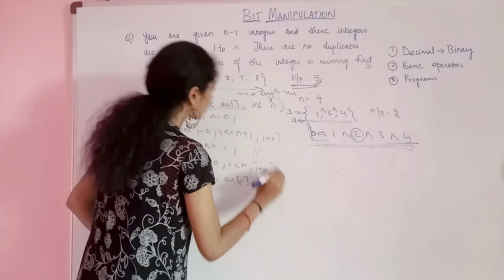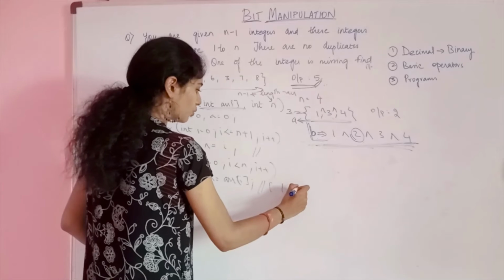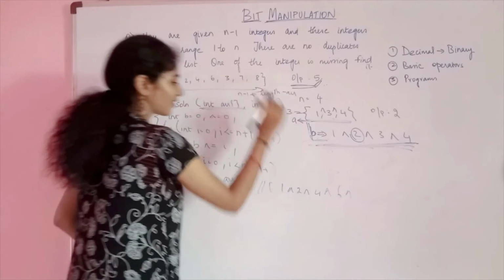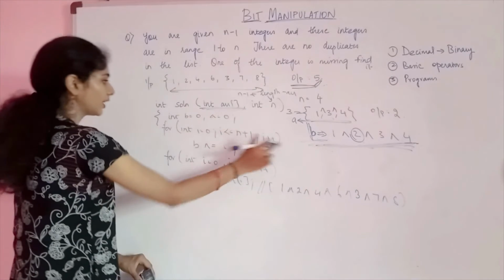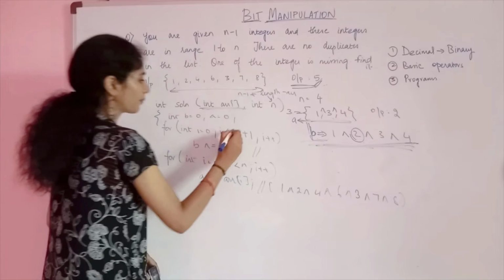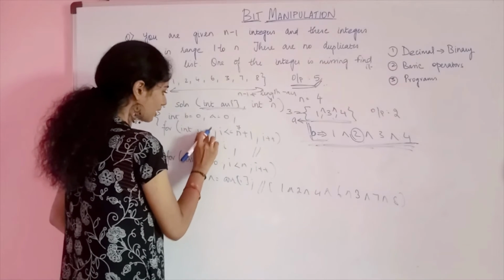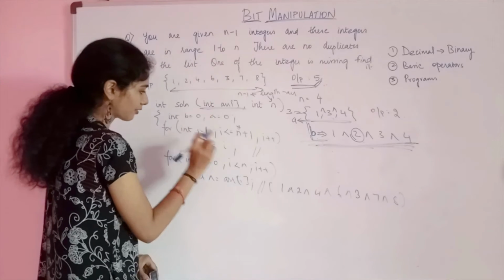So what do you get here? According to this instance, you will get 1 XOR 2 XOR 4 XOR 6 XOR 3, 7, 8. But for B, n is going to be 7 here, so 7 plus 1 will be 8. I should start from 1.